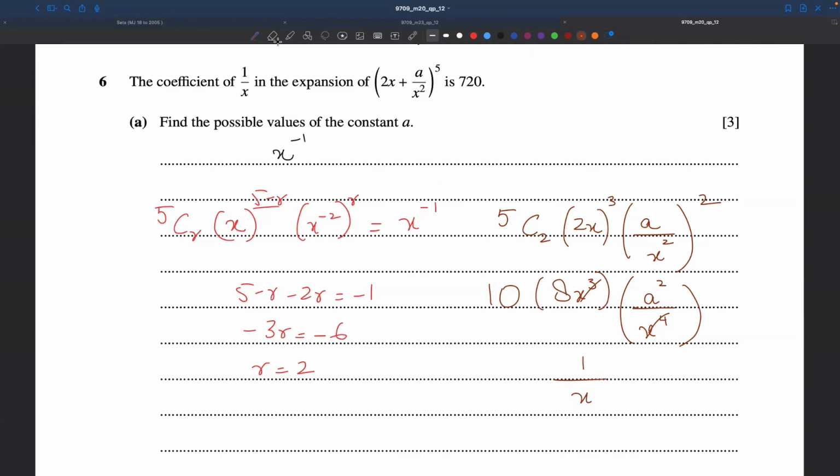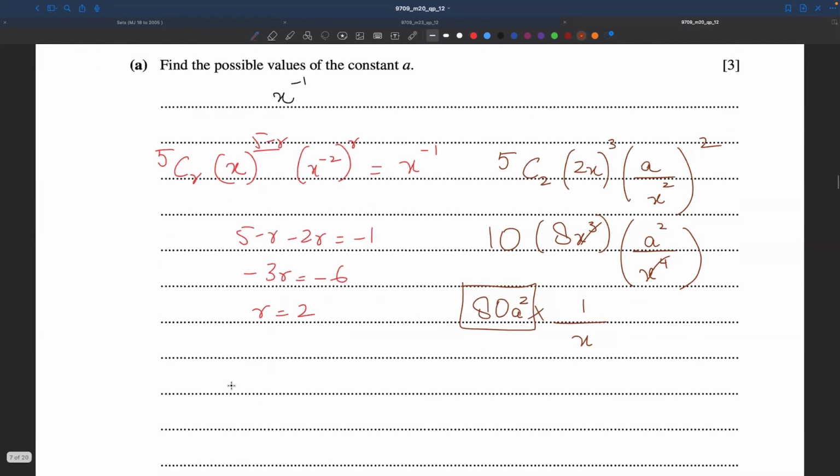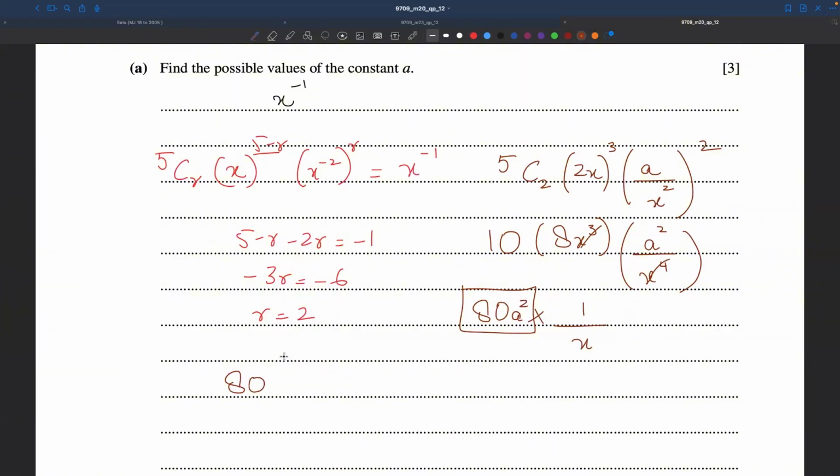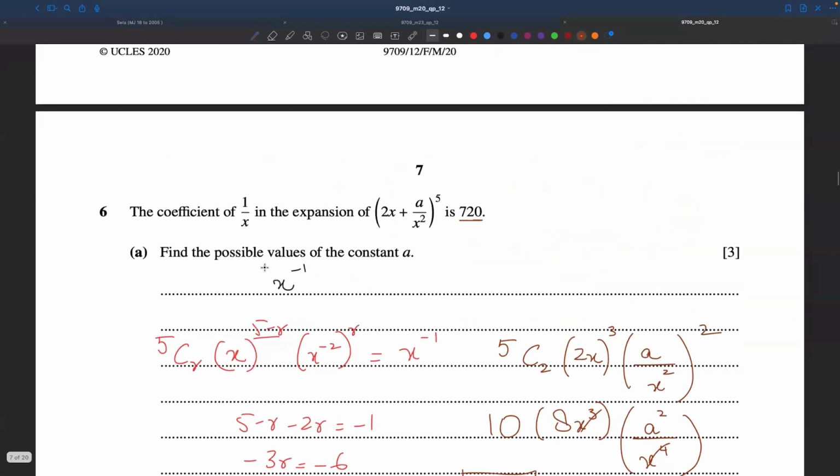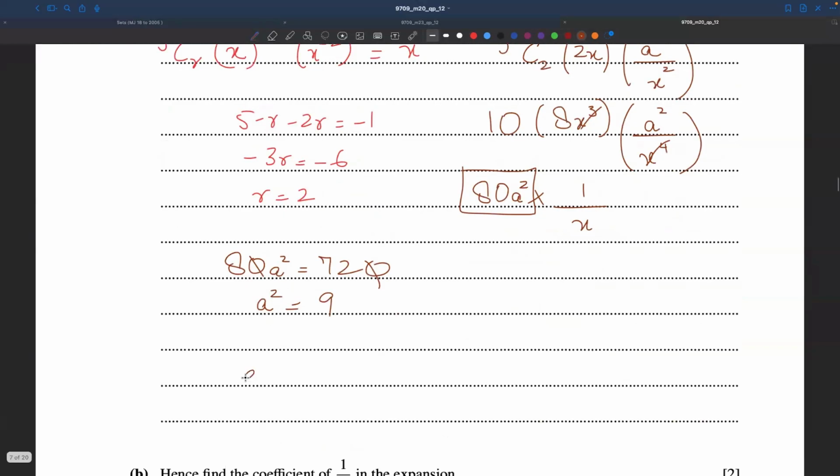And then in the numerator, I will have 10 times 8 is 80, 80a squared. So the coefficient 80a squared is equal to 720. So a squared is 720 upon 80, which is 9. When it says possible values, you will give both plus minus 3, right? Square root of 9.